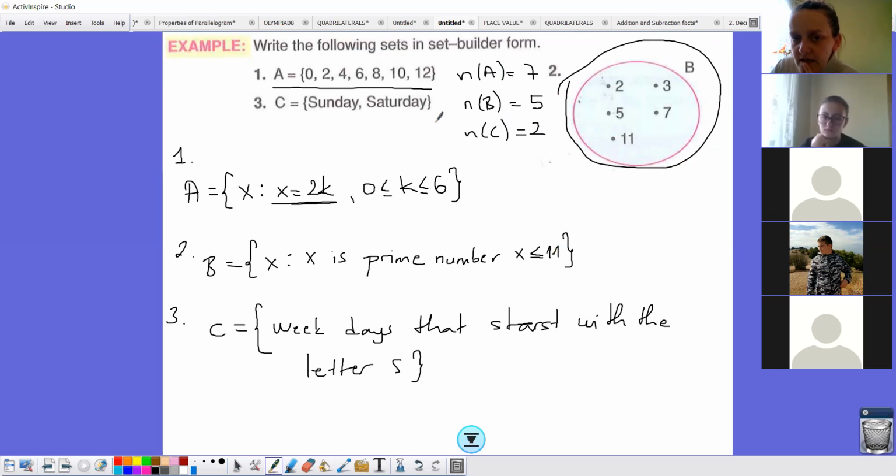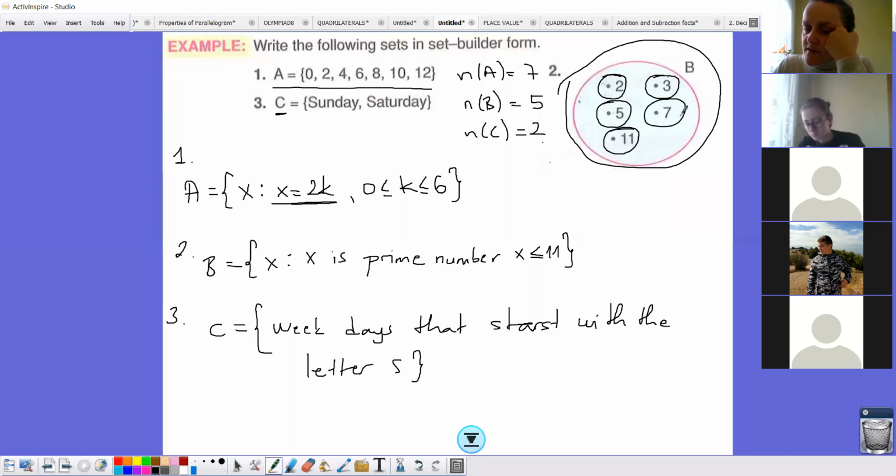In the set C, you have 2 elements, Sunday and Saturday. In B, you have 2, 3, 5, 7, 11. These are the elements of the set B. Okay, teacher.